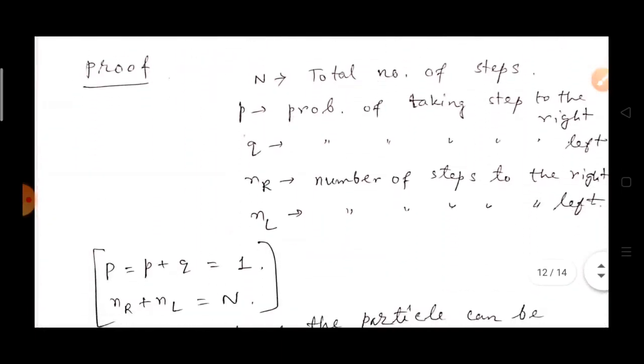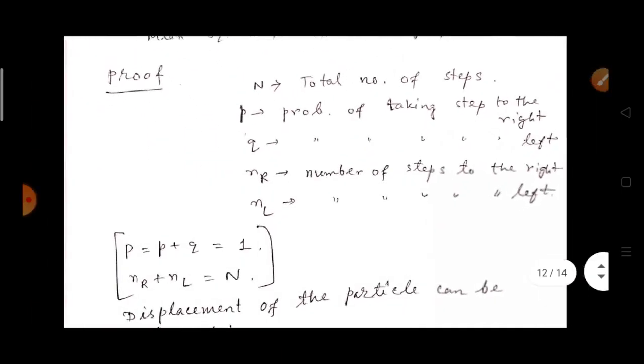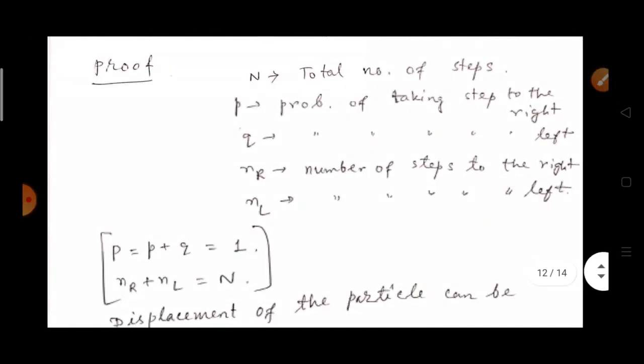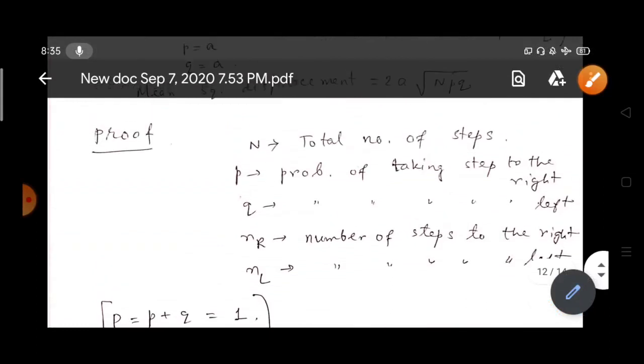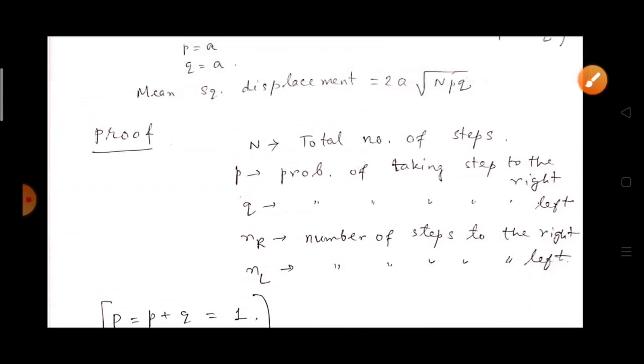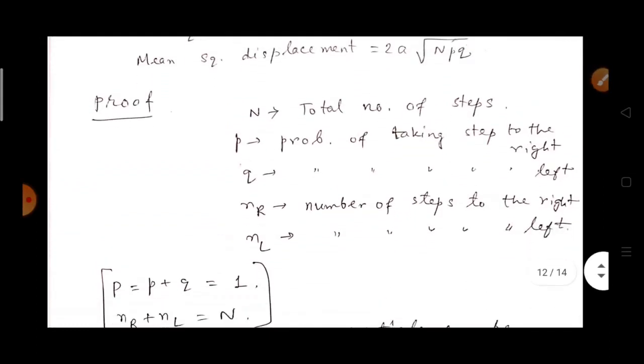But for the proof you have to do some numeric math also, some probabilistic theory you have to understand. So let's understand the proof also, so that you can understand it thoroughly.